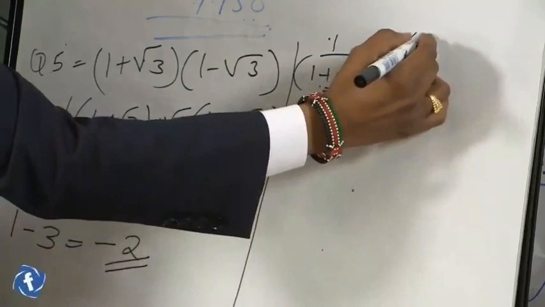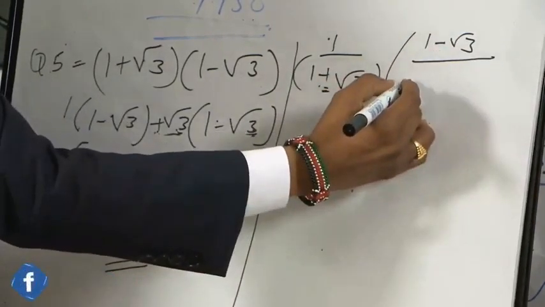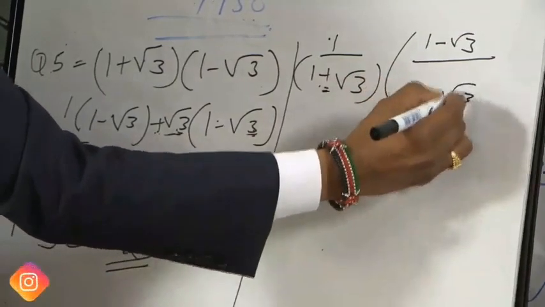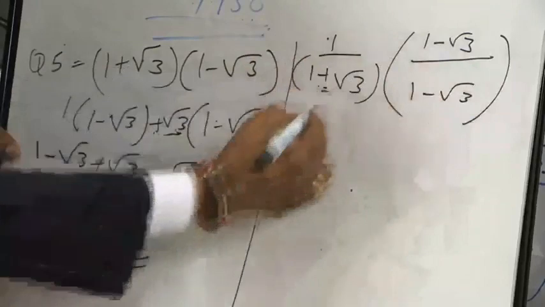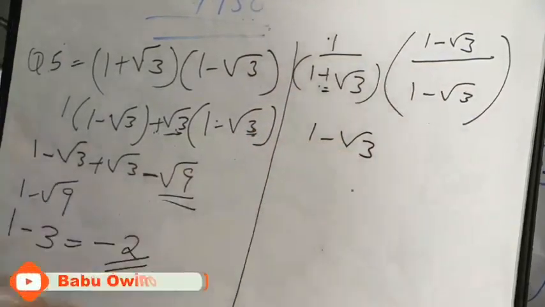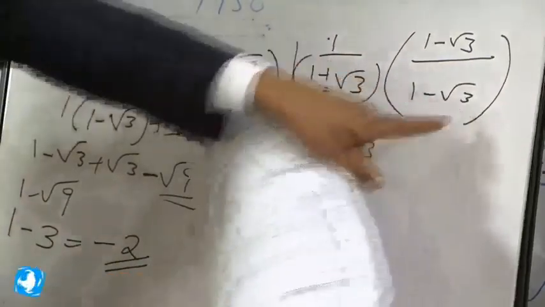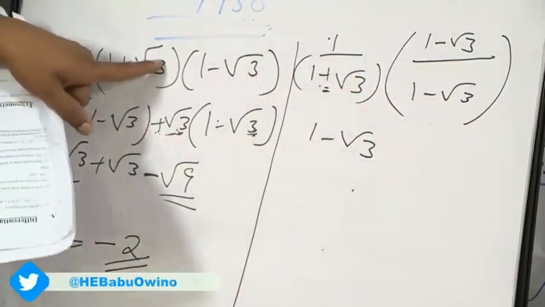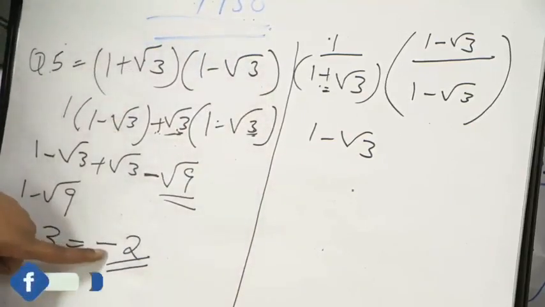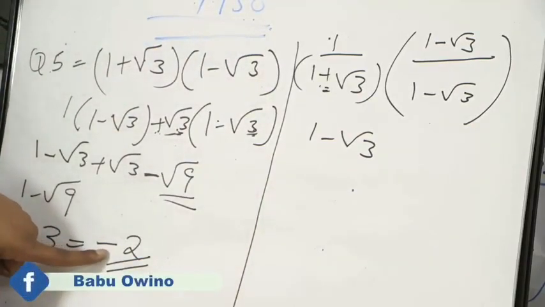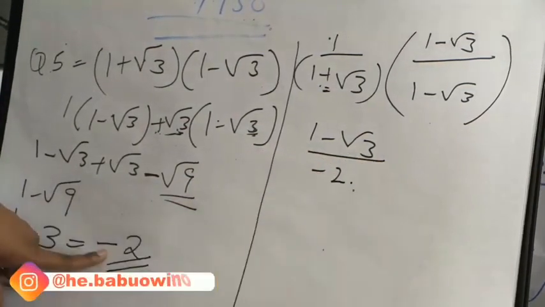So you multiply by 1 minus root 3, and the denominator is also 1 minus root 3. So the numerator we have 1 minus root 3. But remember, 1 plus root 3 into 1 minus root 3, when we solved it, we got minus 2. So you divide this value by minus 2.